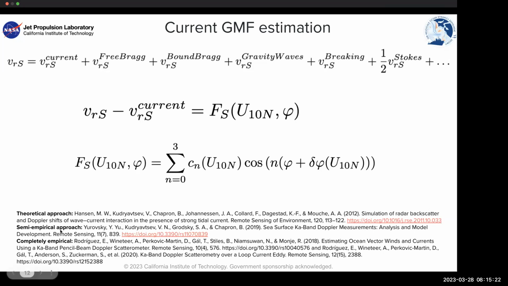There's been a semi-empirical approach by a group that also included Bertrand, but it was led by Yuri Yurovsky in Crimea. And then there is the approach that we at JPL have taken, this bold, barefaced approach that just goes purely empirical because we're not sure how to model all this other stuff.